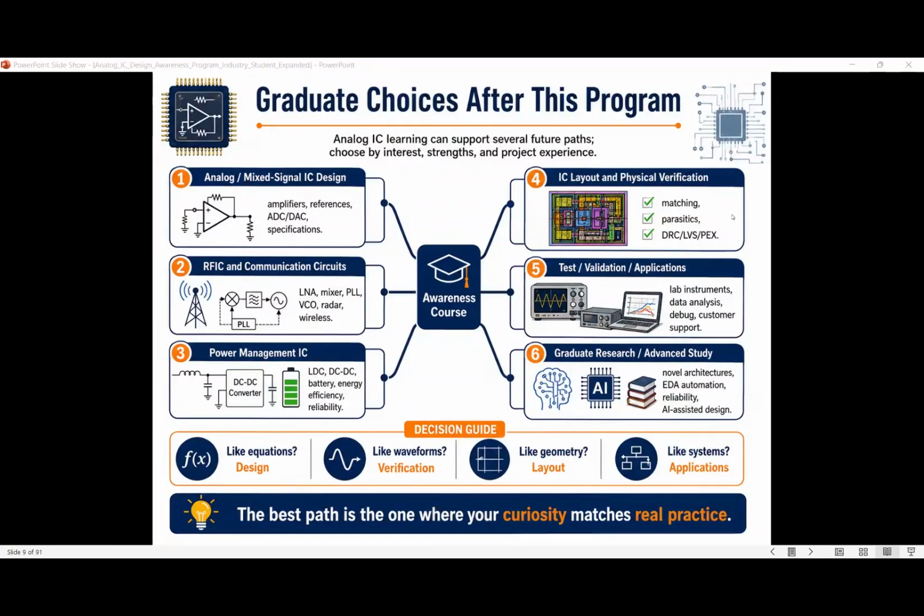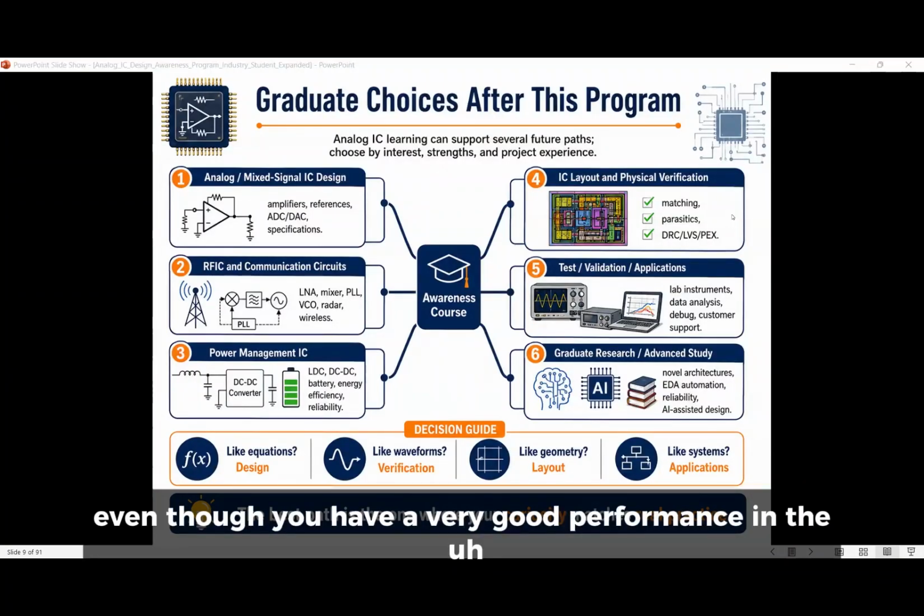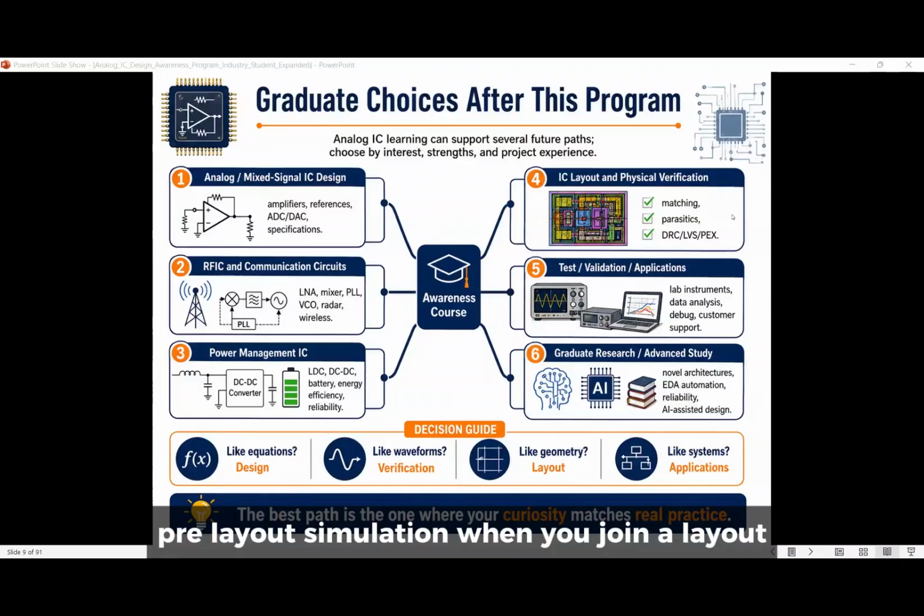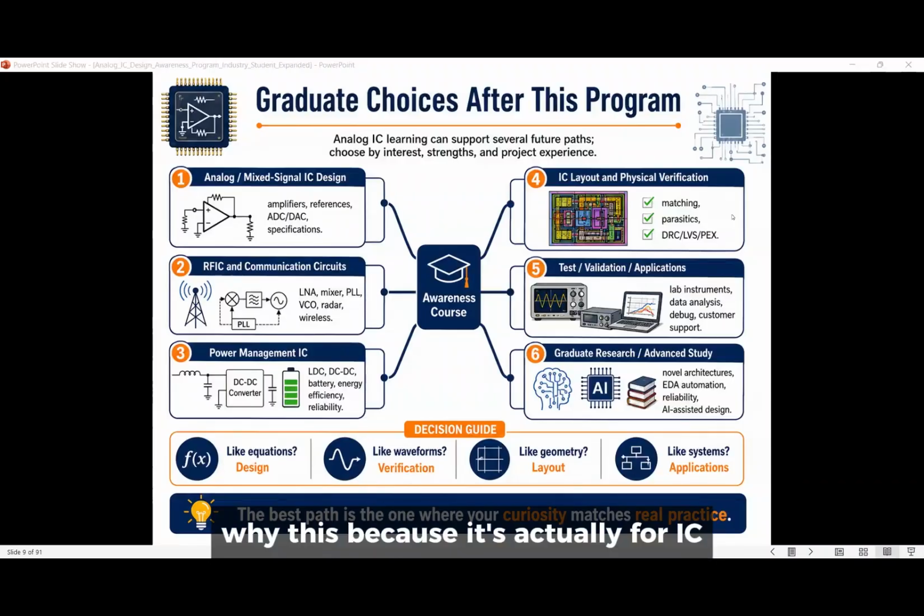Even though you have very good performance in the pre-layout simulation, when you join the layout you may find difficulty in connecting the blocks. This is because an integrated circuit is a 2D topology, not 3D.